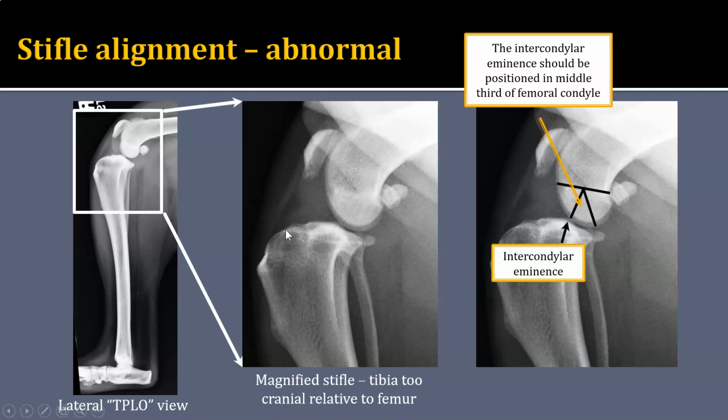So typically this area should have a nice little mountain and then a valley and then another mountain. And so there is a little bit of smoothly marginated enthesopathy. So this patient we know is definitively with an acute or a complete rupture of the cranial cruciate ligament.